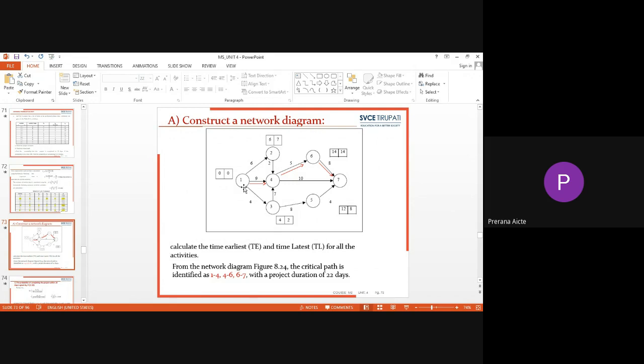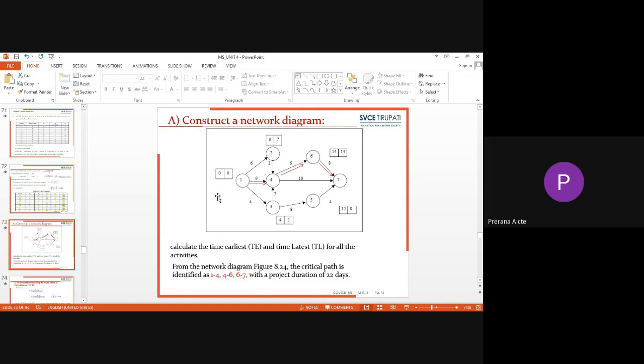While starting the construction of the network, we have to consider the events and also the activities in a logical sequence. The first given activities are these three, and as the starting node is 1, these three will have the same tail node: 1 2 activity, 1 4 activity, and 1 3 activity will have the tail node equal to 1.